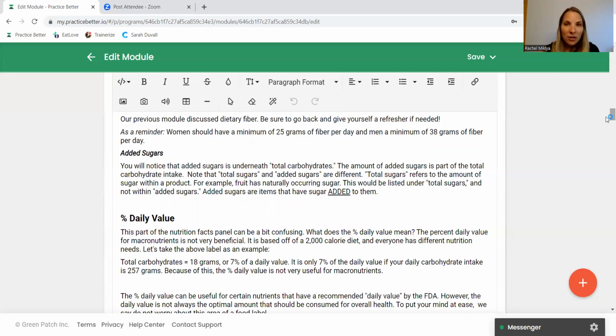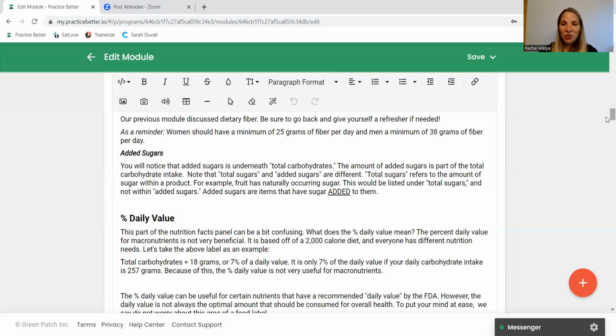So if an apple had a nutrition facts panel, under total sugars there would be something listed because there is sugar within it, but under added sugars there would be nothing listed. What you want to pay attention to specifically is how much added sugar is in something. We want to try to have less than 24 grams of sugar a day for females and less than 36 a day for men.